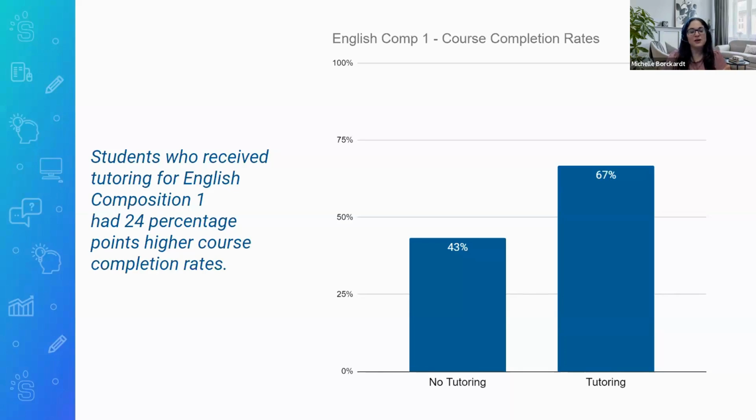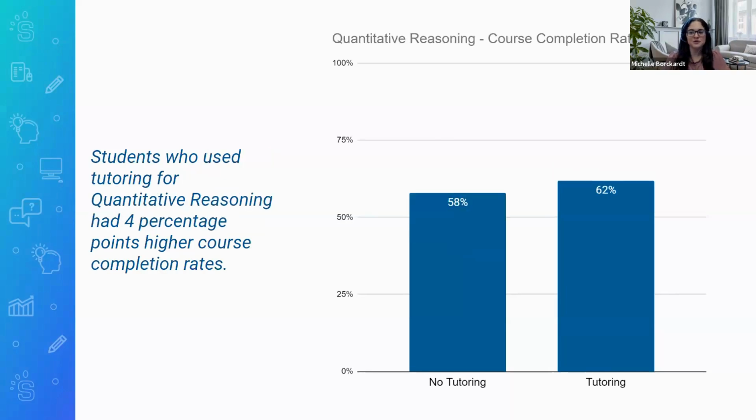So now I'm going to show the math results. We notice the math results don't look quite the same. The increase is a lot smaller. There is still an increase, so we are still very happy that there is an increase. I think the main difference between these two probably relates to how the learning outcomes are assessed for English composition versus math.